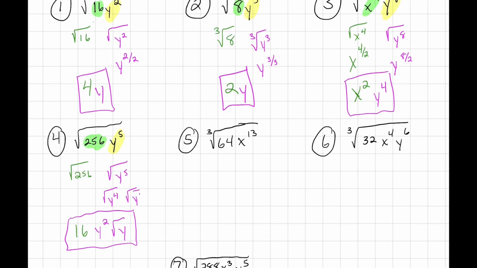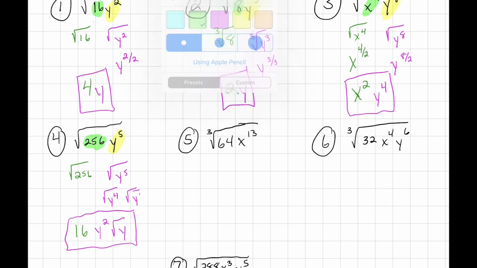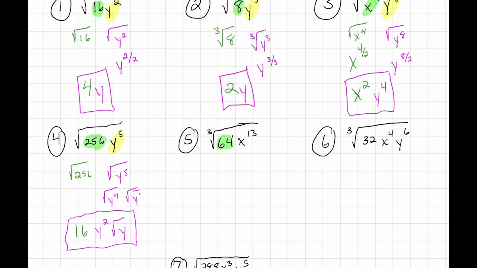Now, the crazy thing is that this kind of stuff can happen in a lot of different ways, right? So we got to be ready for how this occurs. Like, for example, in our next problem, we have a cubed root that we're dealing with. So we're going to start with the cubed root of 64.